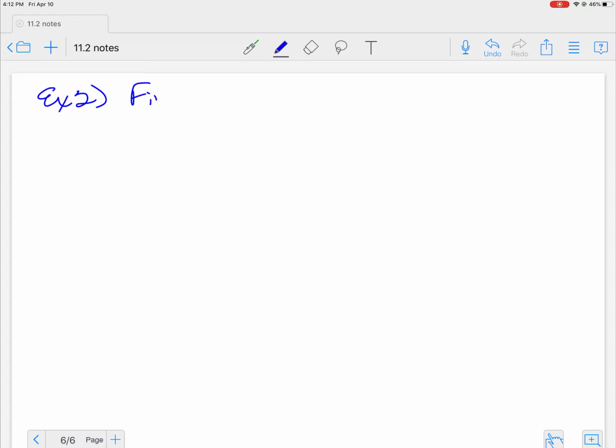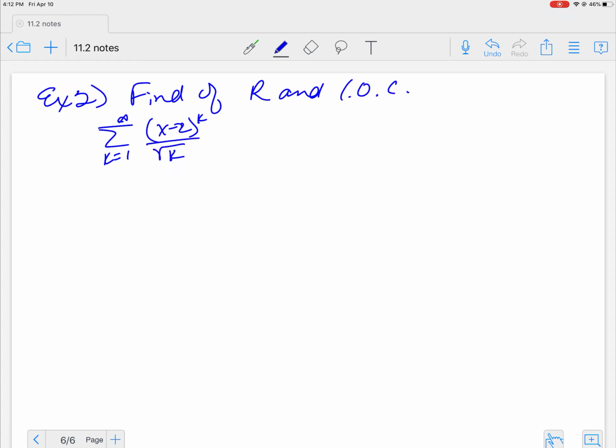We want to find the radius and interval of convergence of this series. K is going from 1 to infinity of x minus 2 to the k over the square root of k. All right. It's a nice little power series.